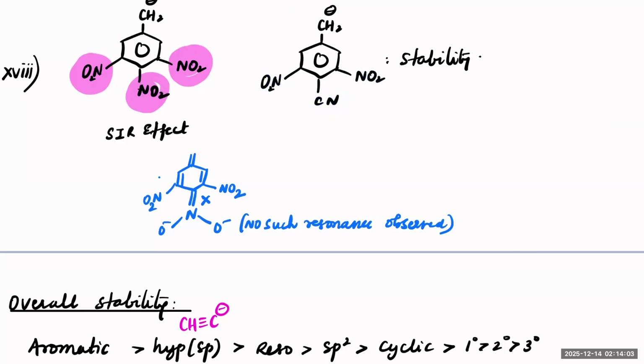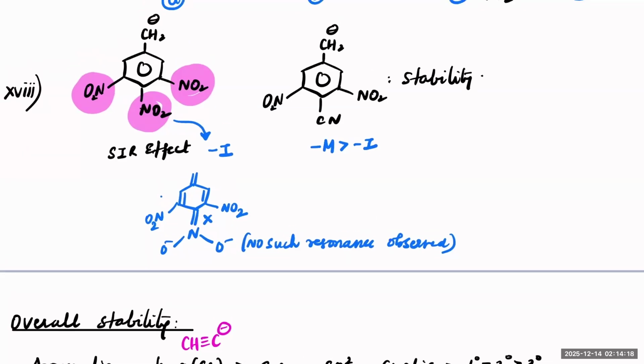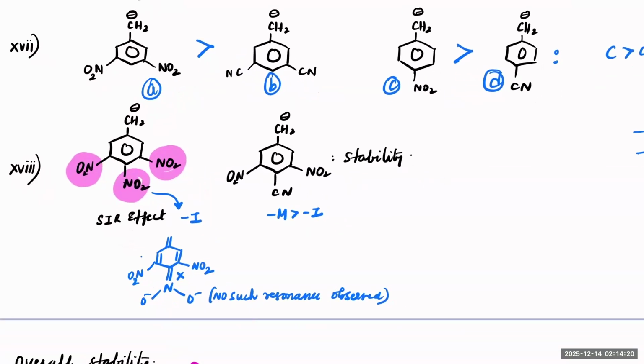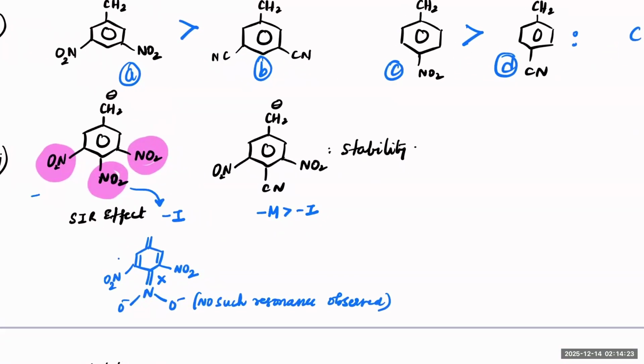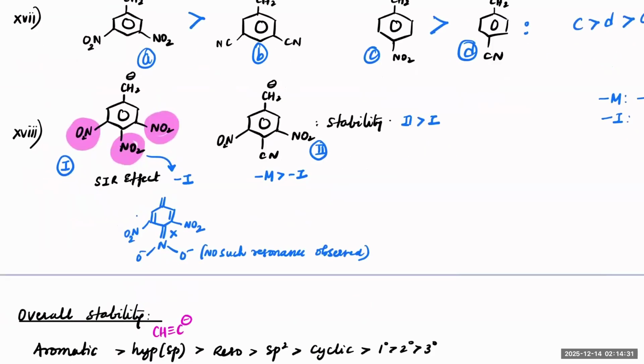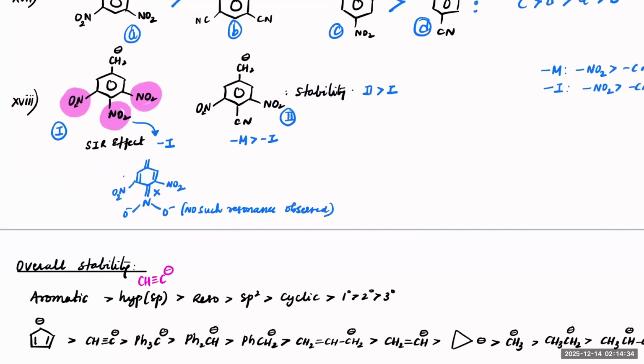So here cyanide is showing both minus M and minus I, while in this position NO2 is only showing minus I. Okay, NO2 is only showing minus I effect. Now if I have a compound here as 1 and here as 2, I can say the stability of 2 is greater than 1 in this case. This is due to the SIR effect.